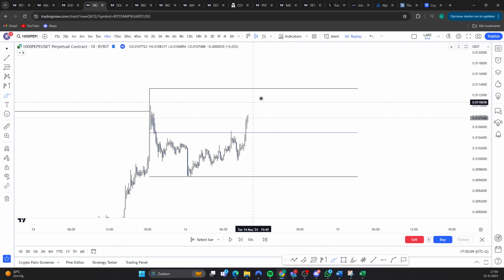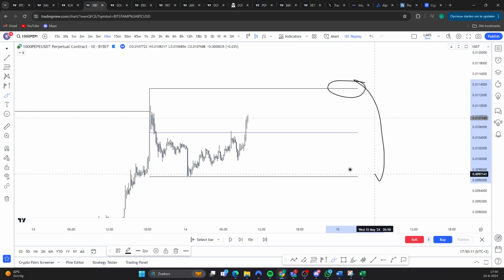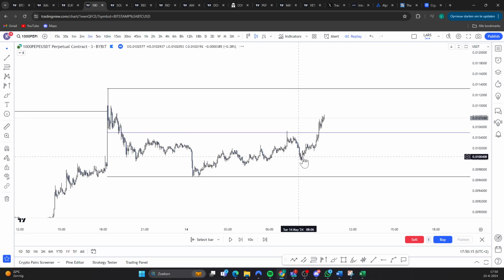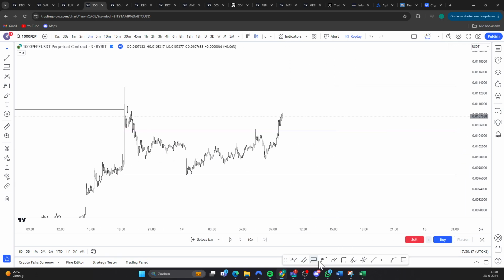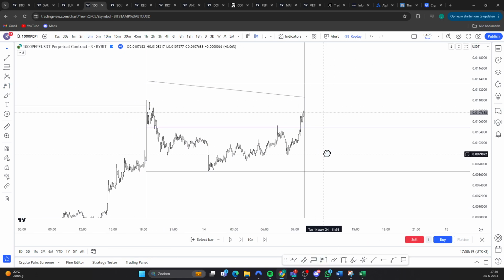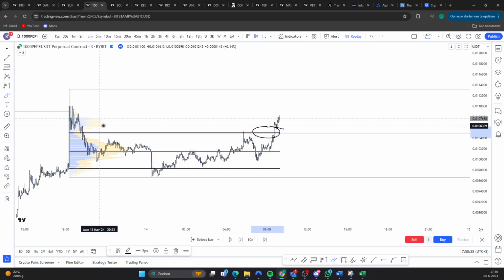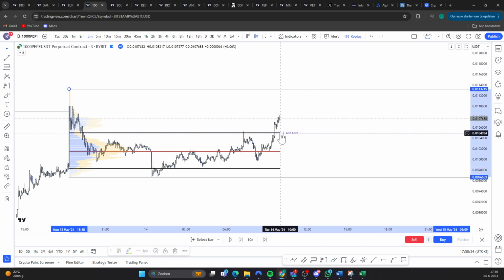Same goes for here, because I always say ranges don't have to hit the extreme. There's really not that much in the upper section of the range. The volume area high is at the EQ. And this is just liquidity here on the left. So I do think that we can tackle the range high from here.